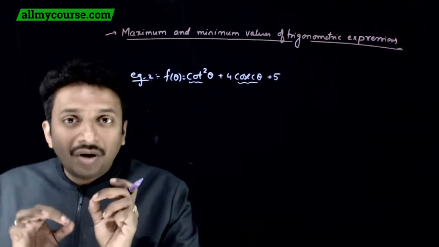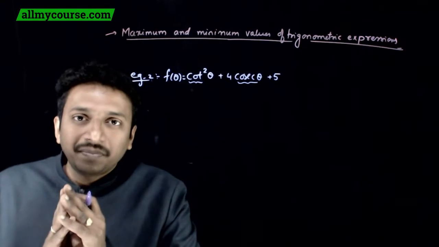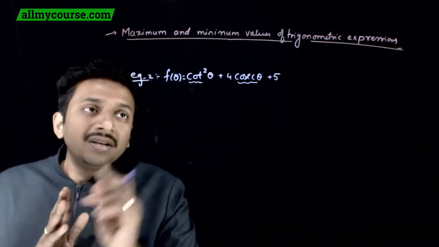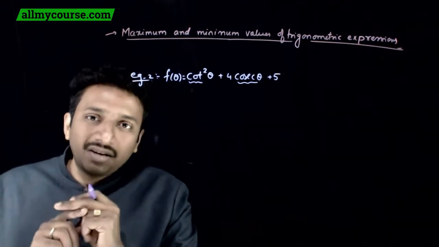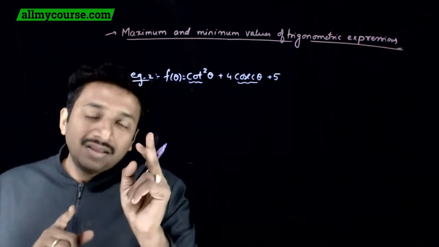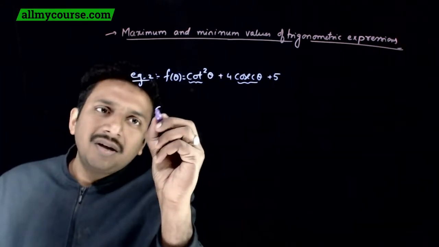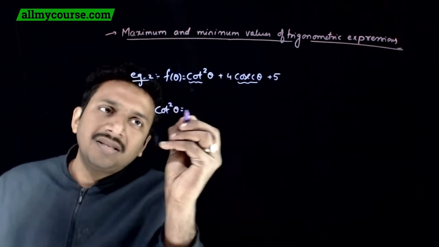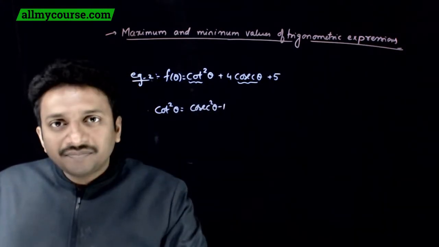So even if you want to use the method of completion of squares, you need to have the same ratio here. So first our aim will be to convert this trigonometric expression into an expression of a single ratio. We can do that in this question using the concept of identities. We know that cot square theta is equal to cosecant square theta minus 1, right?